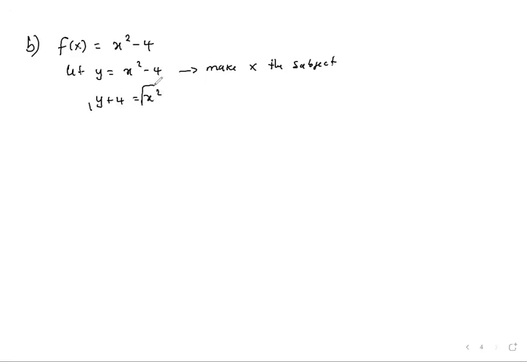If we square root, we end up having x is equal to plus or minus the root of y + 4. Meaning that the inverse is plus or minus the root of x + 4. The inverse is giving us two options. It is either this or the other. So we don't know which one is the inverse. We cannot say this function is invertible because we don't have its inverse.